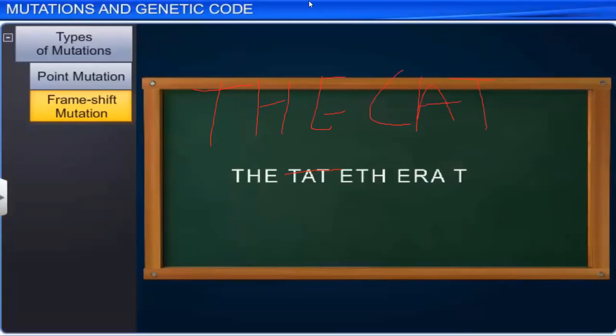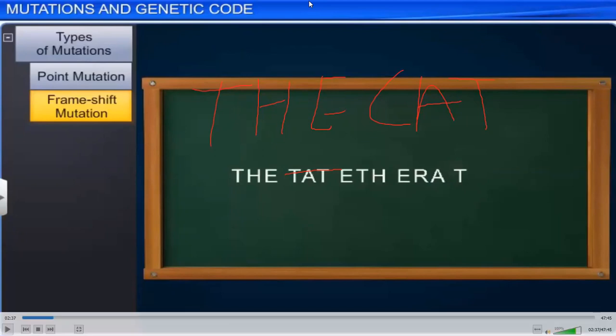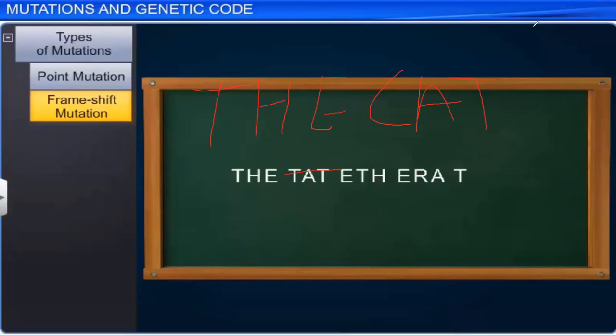In this "cat", two letters, C and A, got deleted. When C and A got deleted, this T wanted two more letters, so it automatically took two other letters from "ate", so the word became "tat".